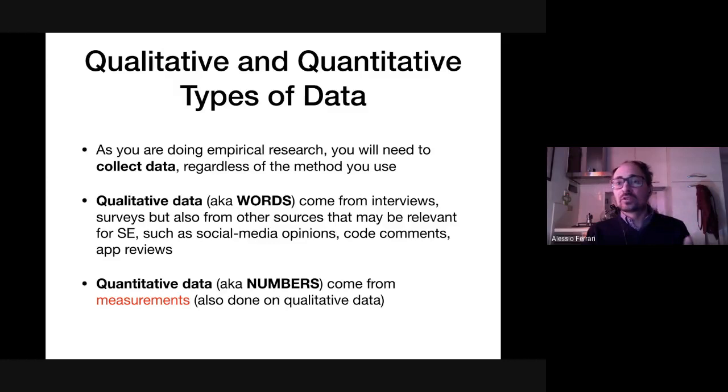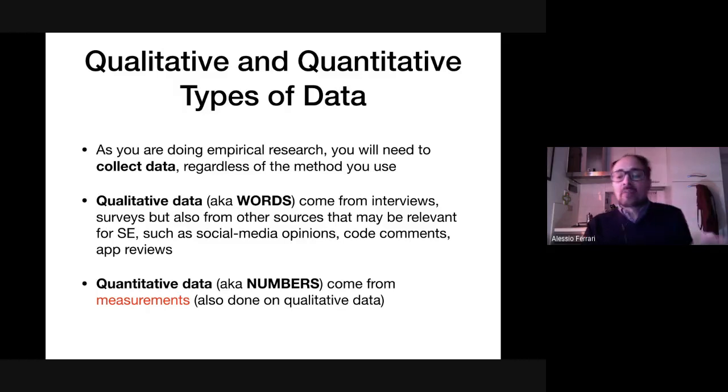More recently, in software engineering, we've also been studying qualitative data sources such as social media opinions, code comments, and app reviews, because if you have an app and several reviews, these reviews may contain information that is useful for software engineers to improve the app. They may contain additional requirements that the developers didn't consider at the beginning. These are qualitative data. So qualitative data for you now is a synonym of words.